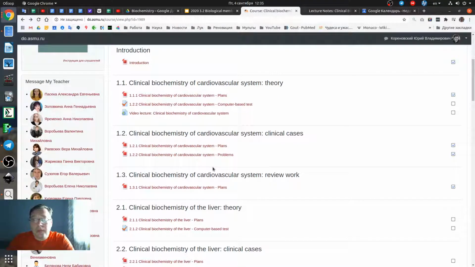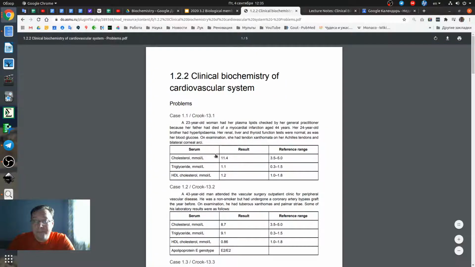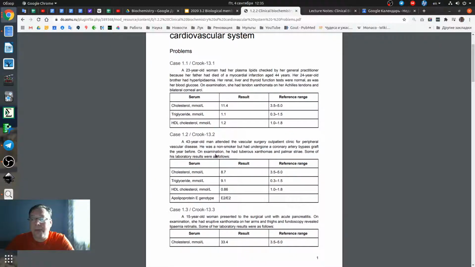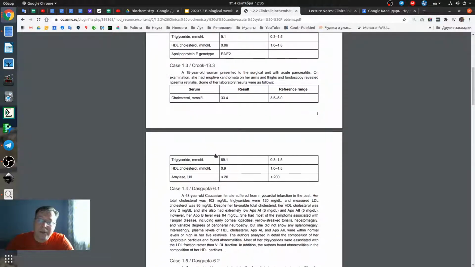So to check you, I will use a computer-based test, this one, and problems. On the next lesson we will discuss several of these problems.